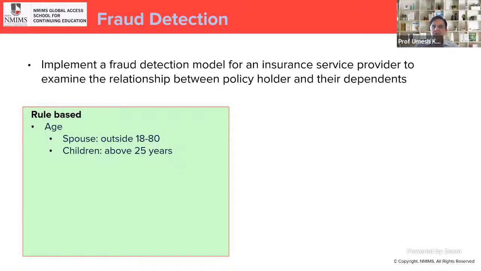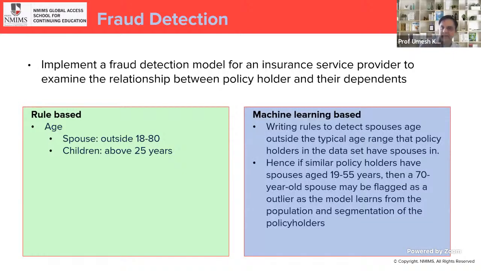Okay, so that's on the rule-based system. On a machine learning-based system, it will detect the spouse's age based on the behavior. If policyholders who have done a claim are in the age group of 19 to 55 years, then a 70-year-old spouse will be flagged as an anomaly, as an outlier in a machine learning based program, which would not be there in the rule based program.